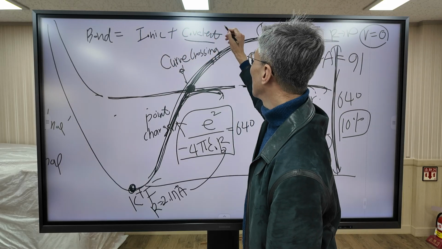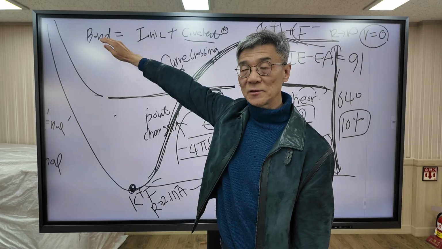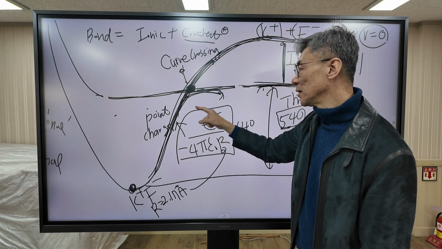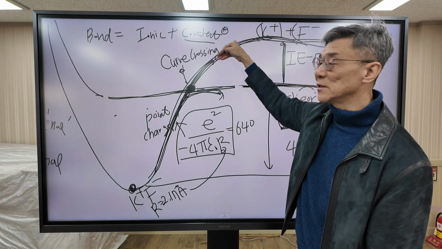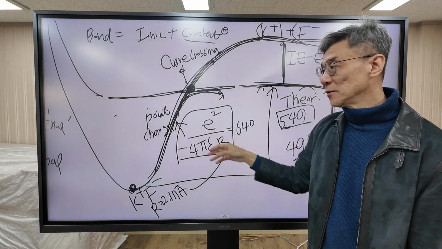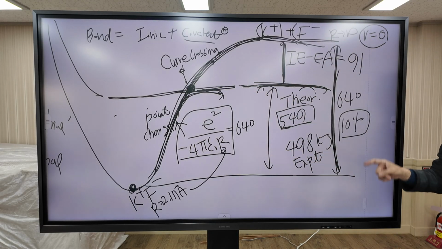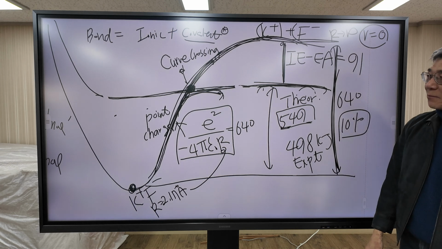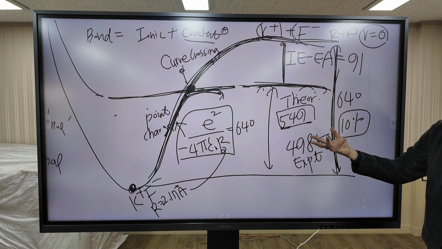A small bit of covalent character is included in the bond character. So this bond cannot be explained only by the ionic term. Some kind of covalent character must be included. So these two facts cause the 10% error. But now, why do we study this reaction?